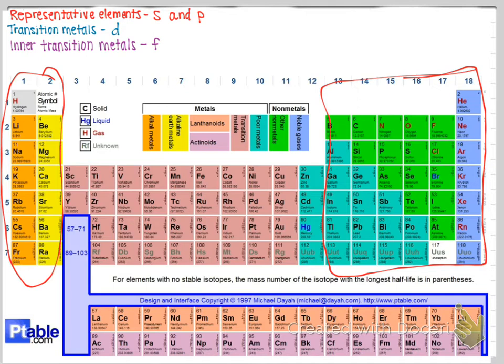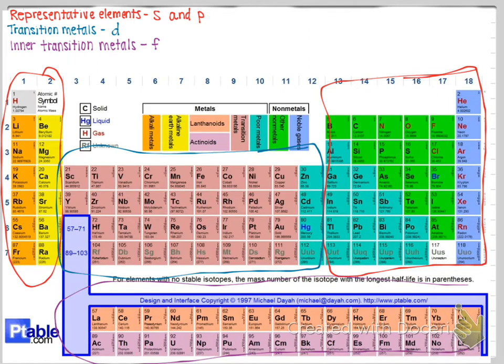Transition metals are our D block, and intertransition metals are the F block, or those ones on the very bottom. So although we do have special names for a lot of those groups, this is a way that the periodic table can just be sectioned into 3 different sections.